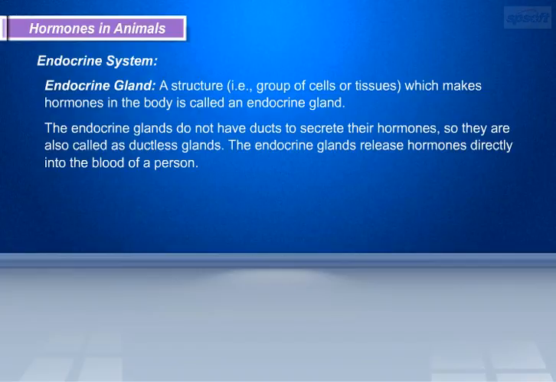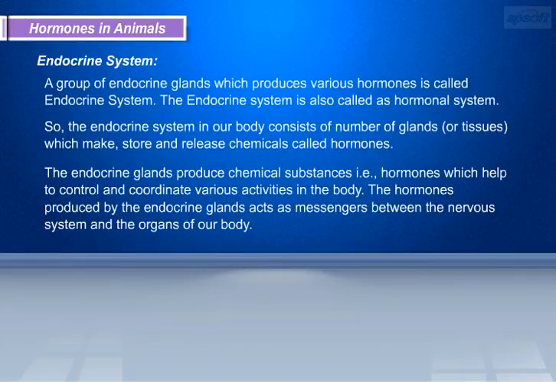So, they are also called ductless glands. The endocrine glands release hormones directly into the blood of a person. What is the endocrine system? A group of endocrine glands which produce various hormones is called the endocrine system. The endocrine system is also called the hormonal system.